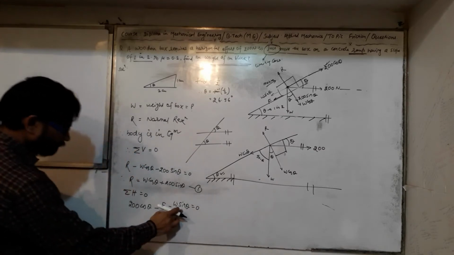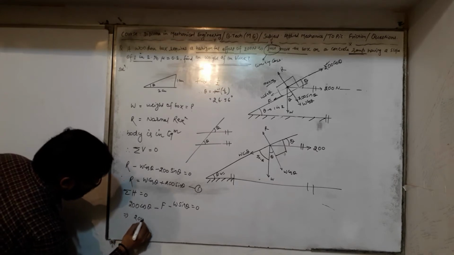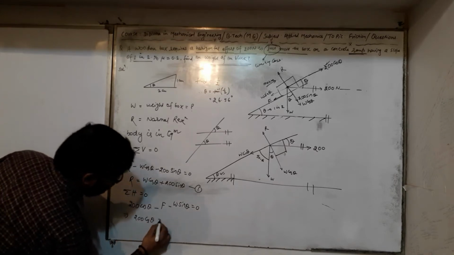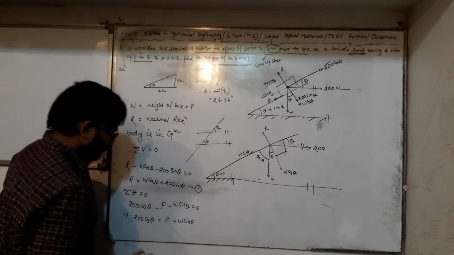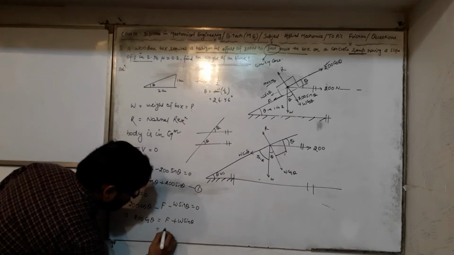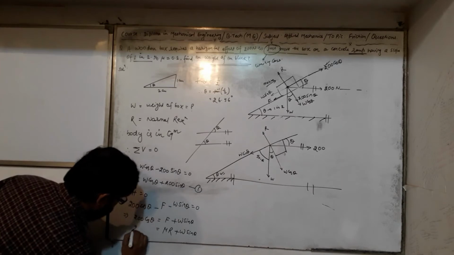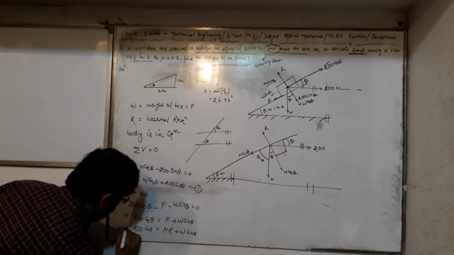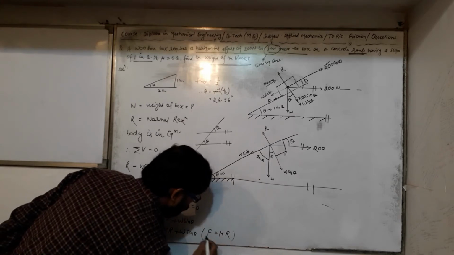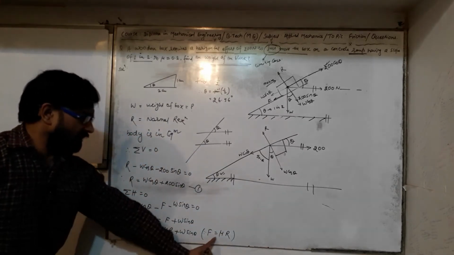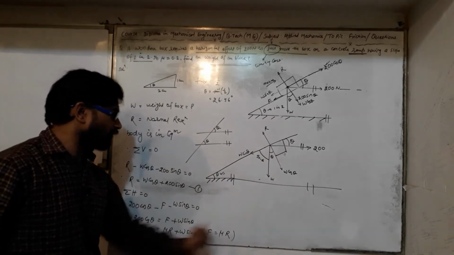Transposing these two, we can say 200 cos theta equals F plus W sin theta. Now F is mu times normal reaction. Why am I taking F equal to mu times R? Because it is the case of limiting friction. So the frictional force F is equal to mu times the normal reaction.